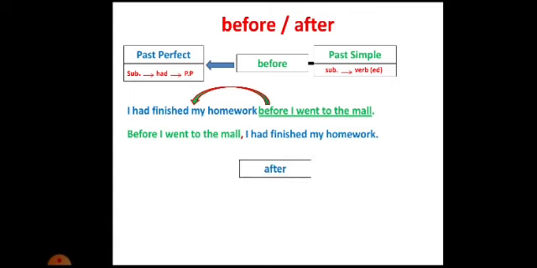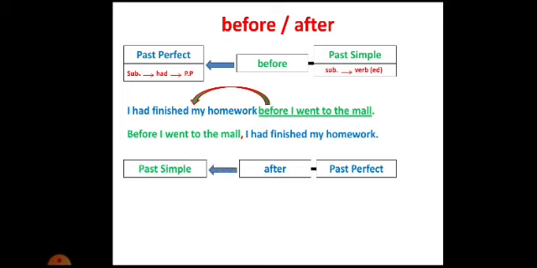Now going to after. After is the opposite meaning of before, so also the order of the tenses will be completely the opposite. So what will have a link with after will be the past perfect, and of course the other part will be the past simple. I will use the same example to make it easier for you to differ between before and after.